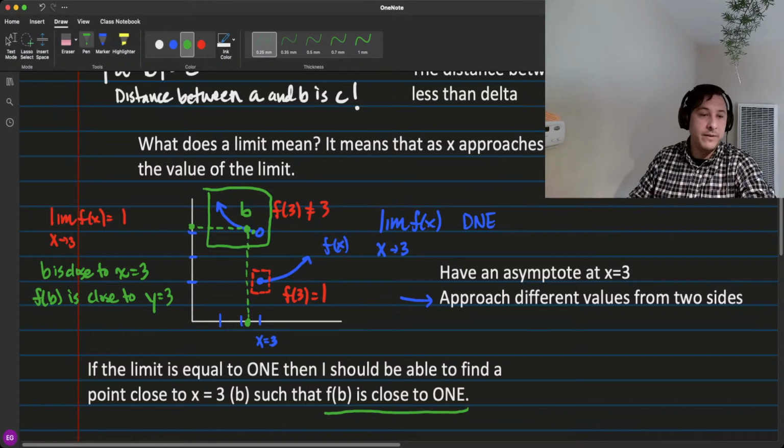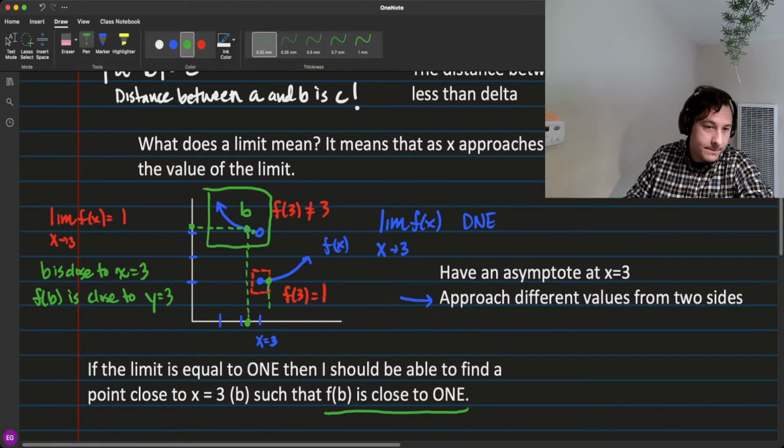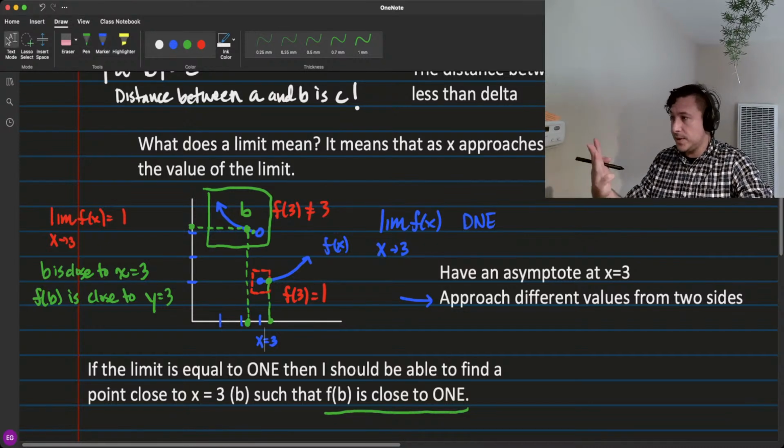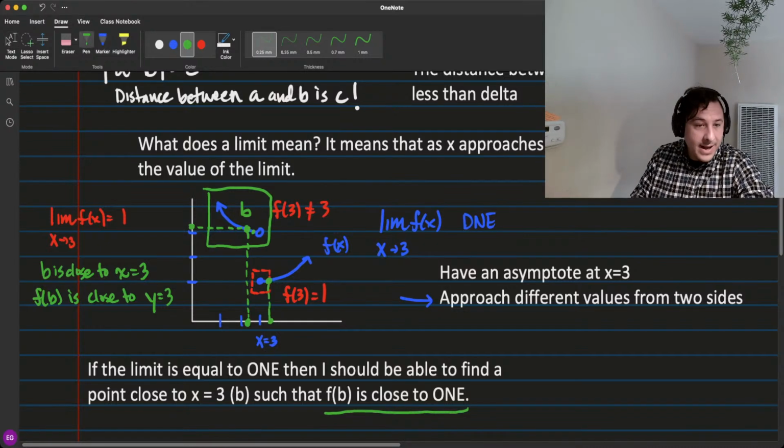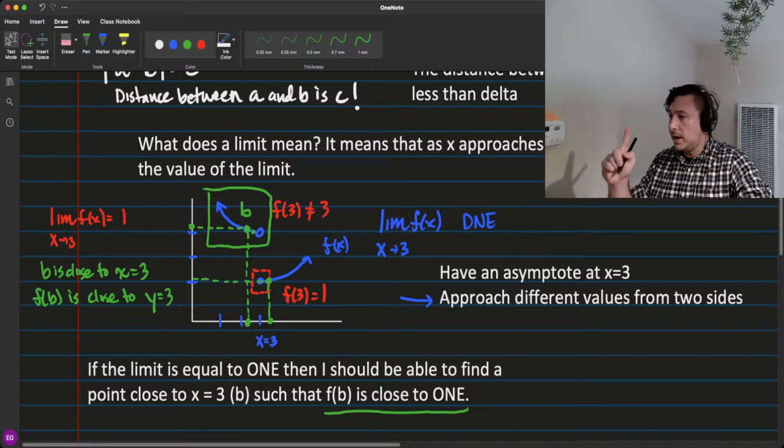exist. However, if you look at the right side of the graph, let's say you choose a point right here that has an x value close to 3. If you look at that point, what is the y value close to? 1, right?